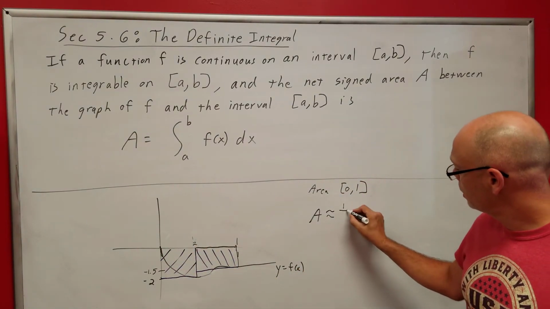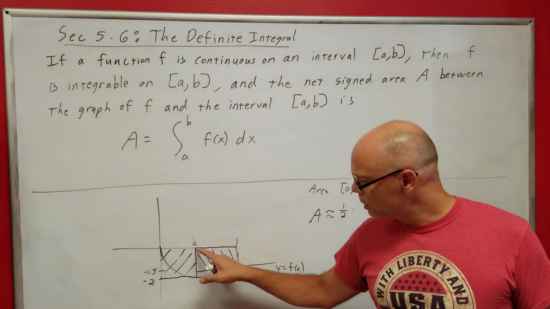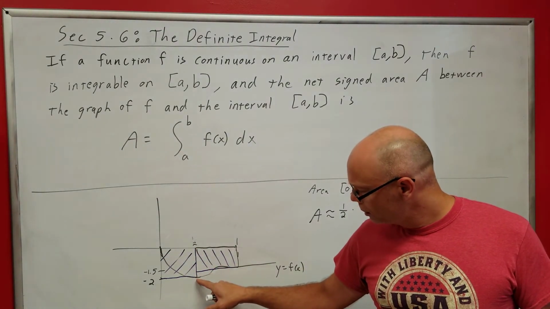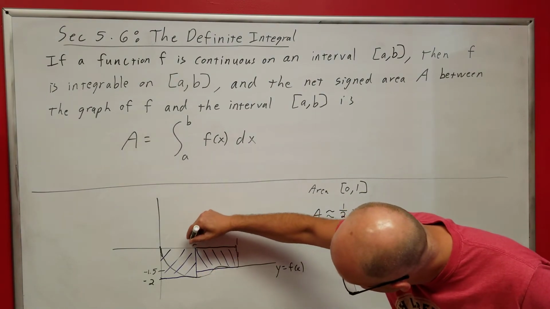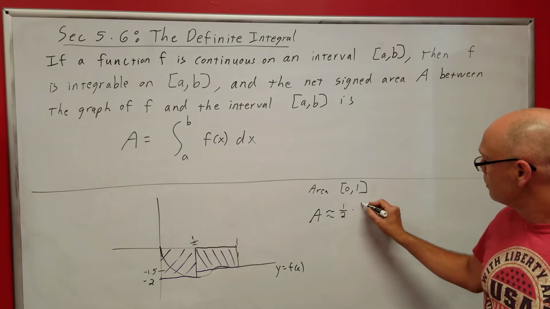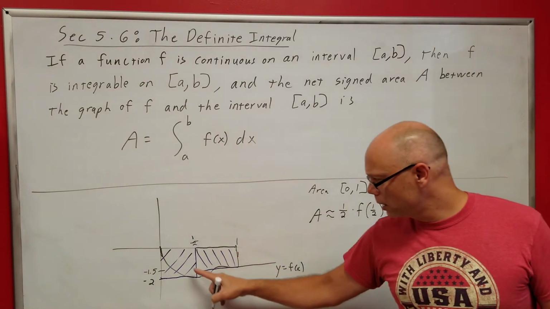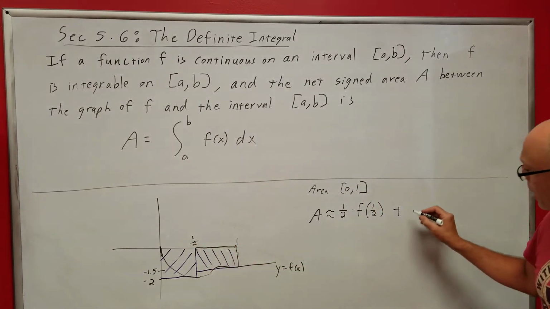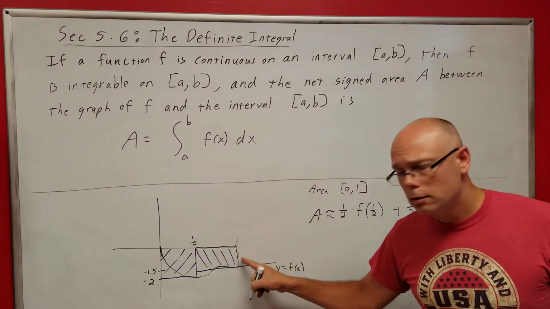So 1/2 is the width of this rectangle, right? What is the height of it from here to here? That's my function f evaluated at 1/2, plus the area of the other rectangle, which has a width of 1/2, times f evaluated at what? 1.